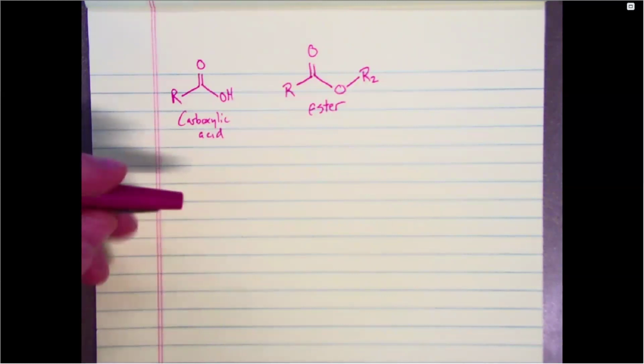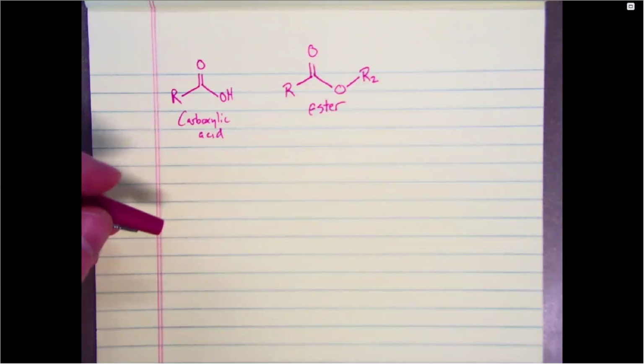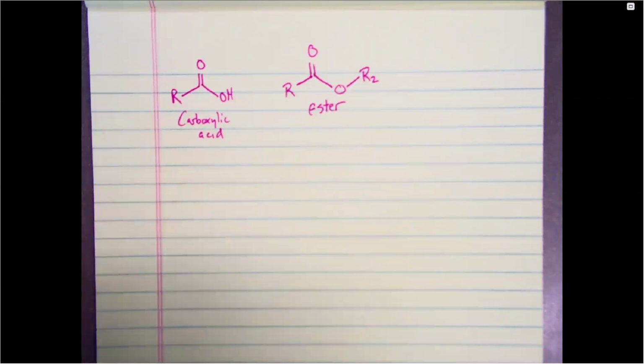Practically speaking, small esters tend to smell really good. Most of those small esters have fruity smells. A classic example is this ester that we could make from acetic acid.